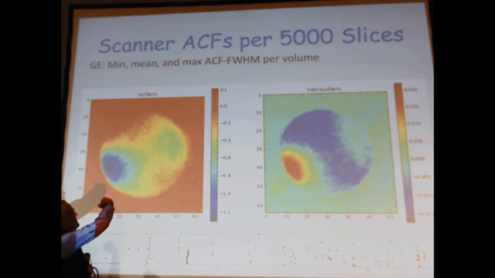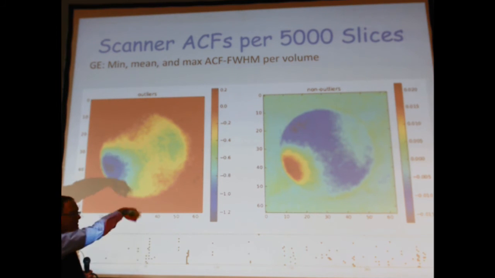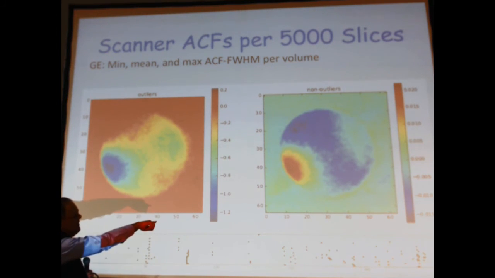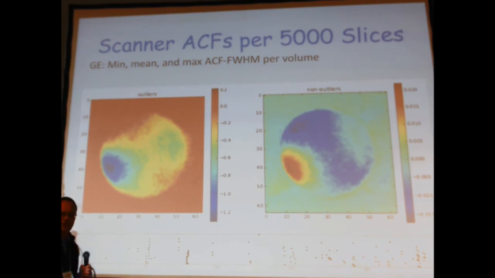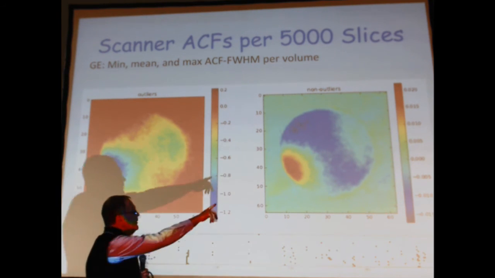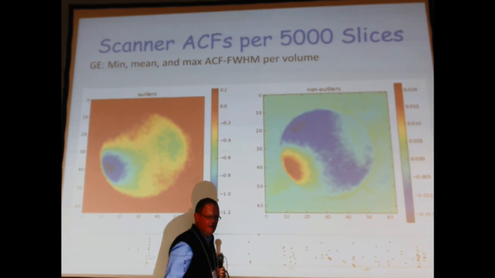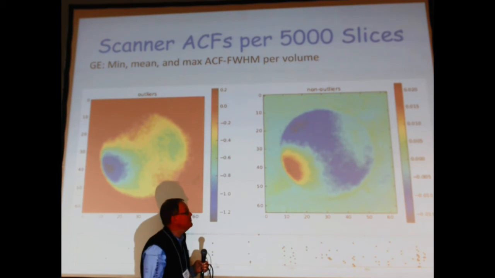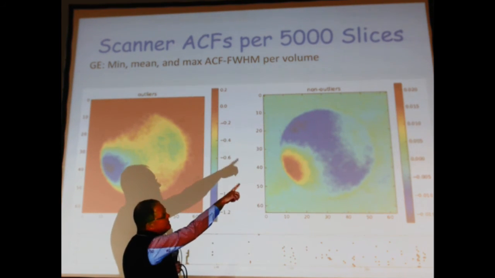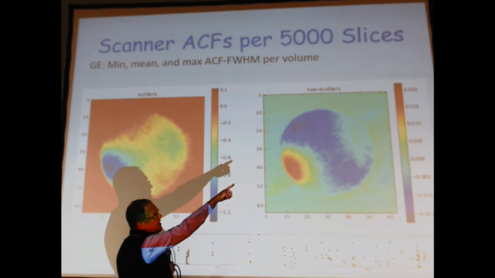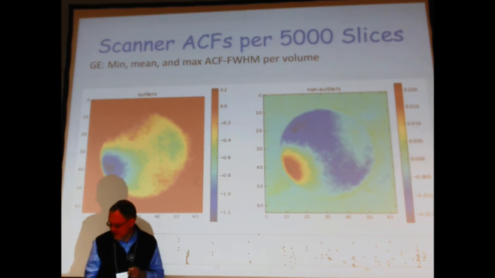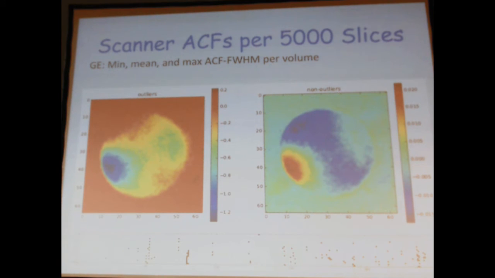That's actually in percent, so that's only 0.2%, down to minus 1.2% variability. But here are all the non-outliers. That's all the slices in these places where the autocorrelation function seems okay. And you look at the huge difference in the size. That's 0.02%. So 0.02% is about what you should get with this phantom in a well-behaving scanner.